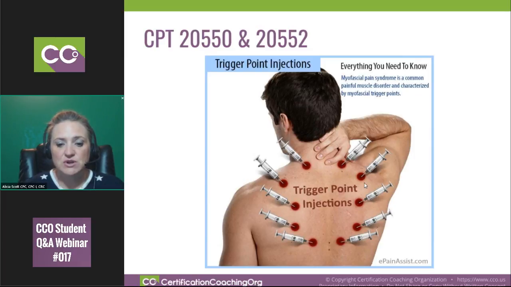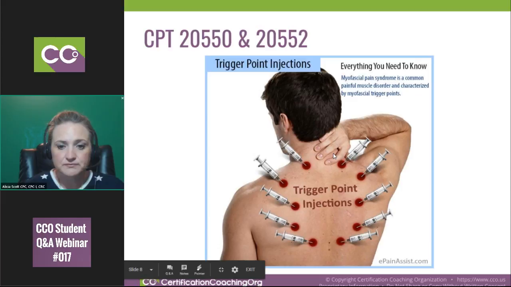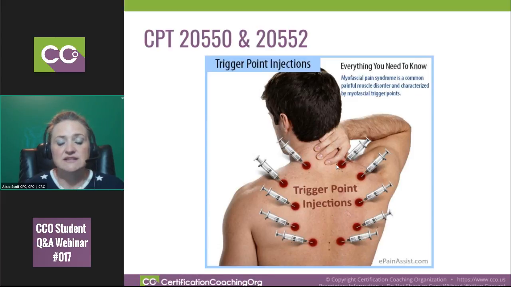These are common trigger point injection sites, and notice how they flare out, kind of like wings on each side of the spine on these larger muscles. Again, this is a muscle disorder, and just think of these red dots as knots, the muscles that knot up, and again, they almost feel like a knuckle under the skin.